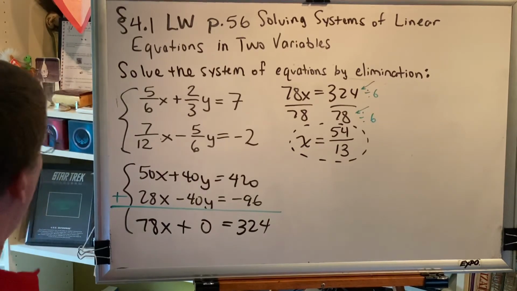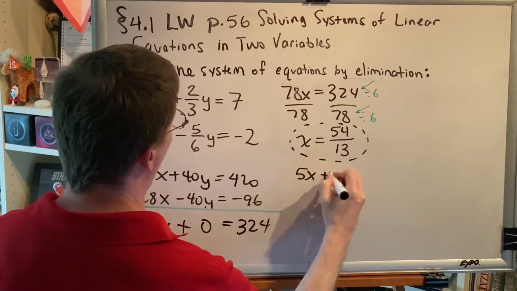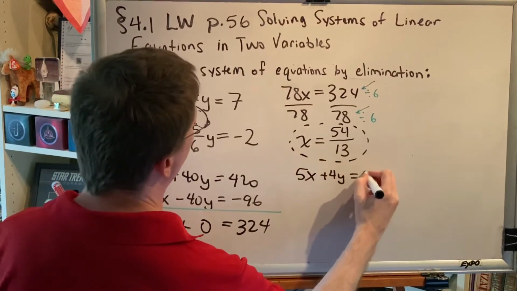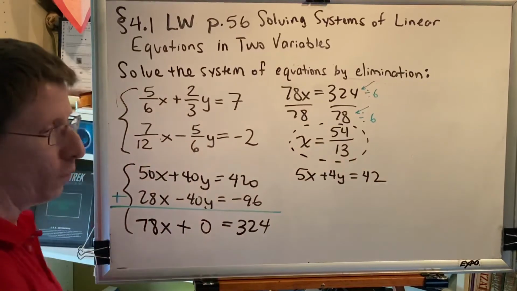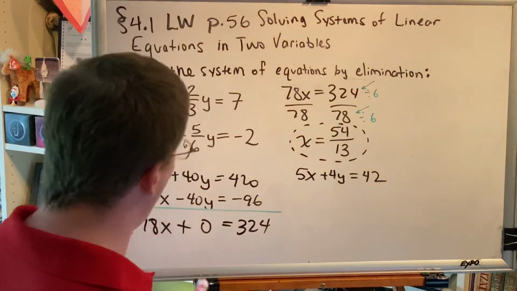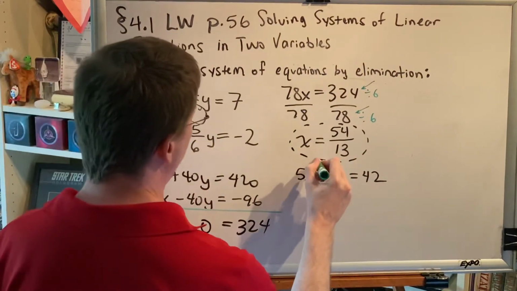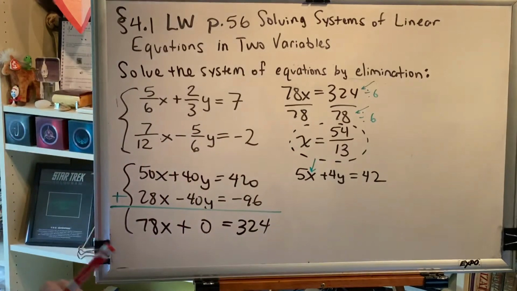At one point in time in our solution, we had the equation 5x plus 4y equals 42. If you've been keeping track with your notes, you can probably find that where you've written that down somewhere. So what we're going to do is we're going to take this value of x and plug it into our equation.